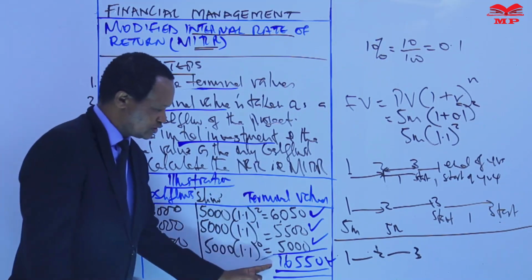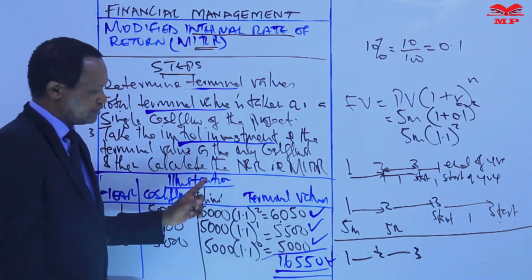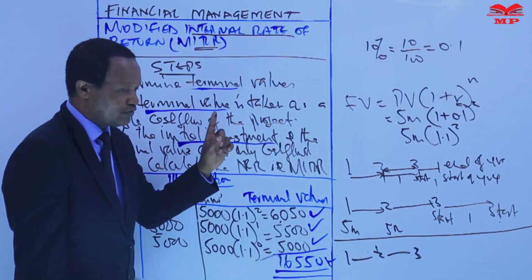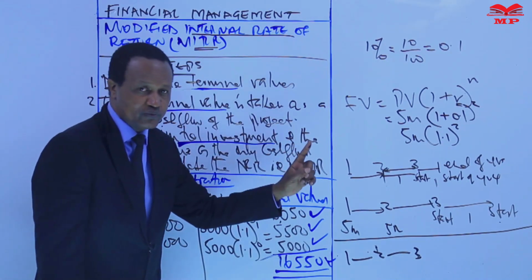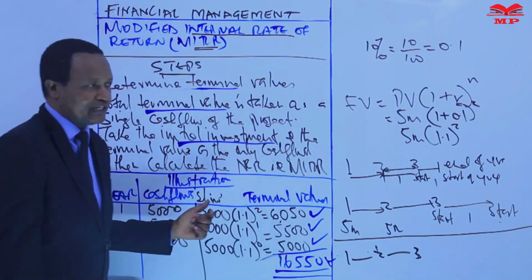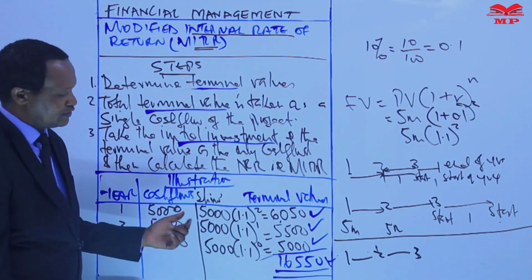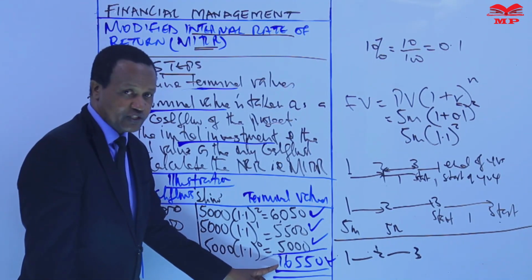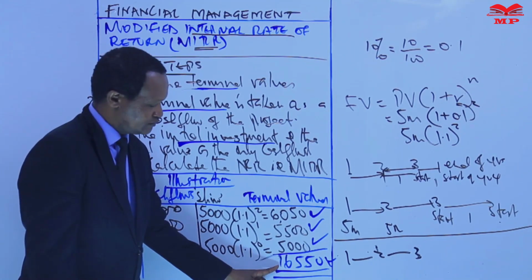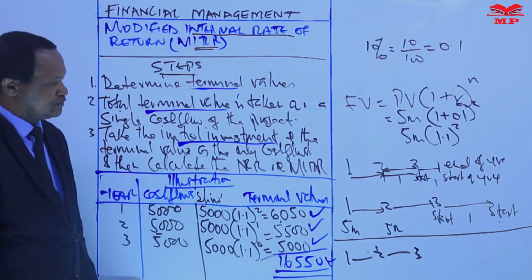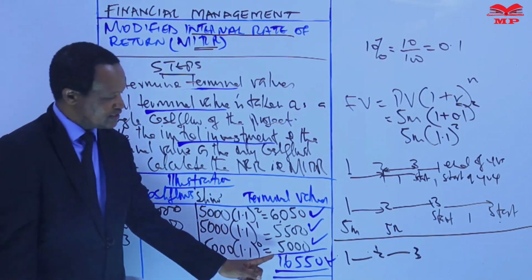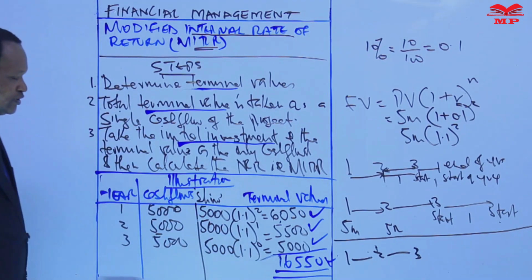Then we get the total terminal value, and this 16,550,000 is a terminal value. This is a future value which we have to discount. We have now to get the present value of this future value. We need to discount it.